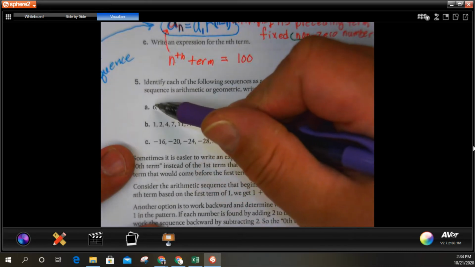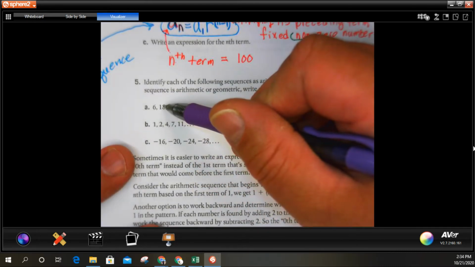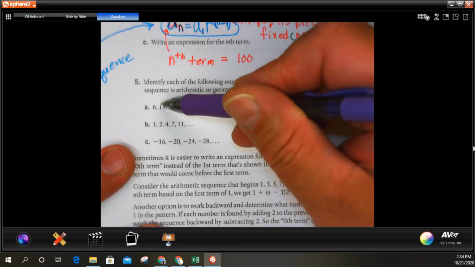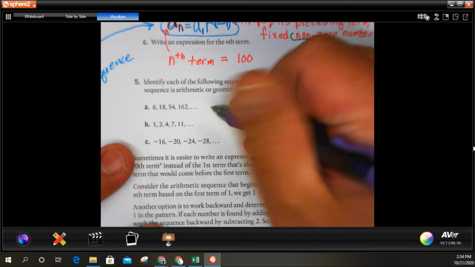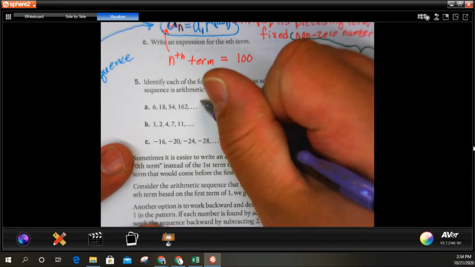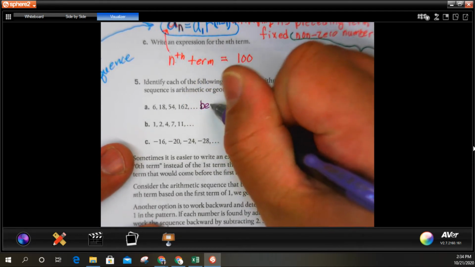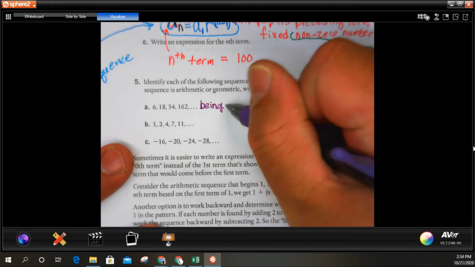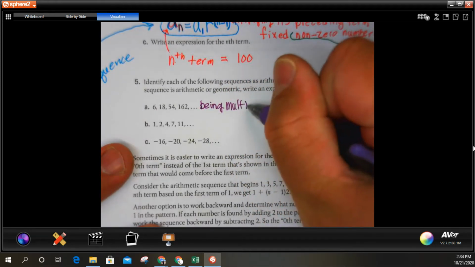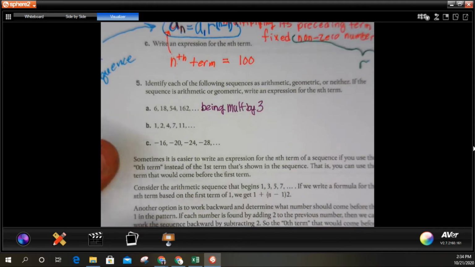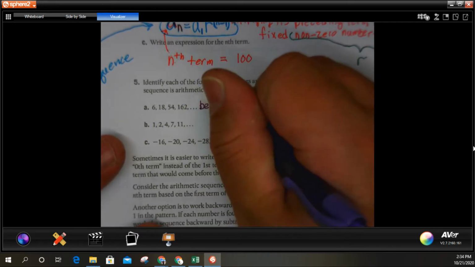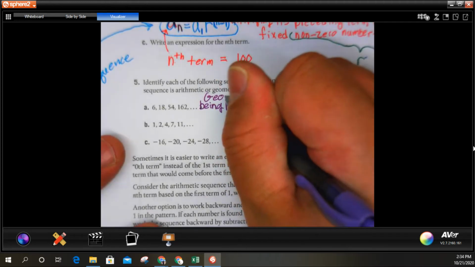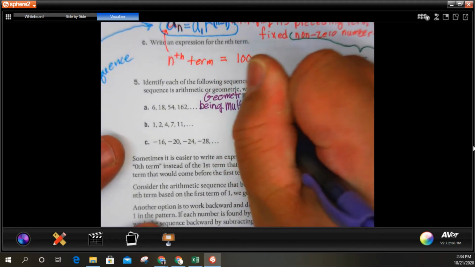Well, I know to get from 6 to 18, I can multiply it by 3. And actually, 18 times 3 is 54. So this is being multiplied by 3. Okay, so now we've got to come up with the expression. It's a geometric sequence because it's multiplied.